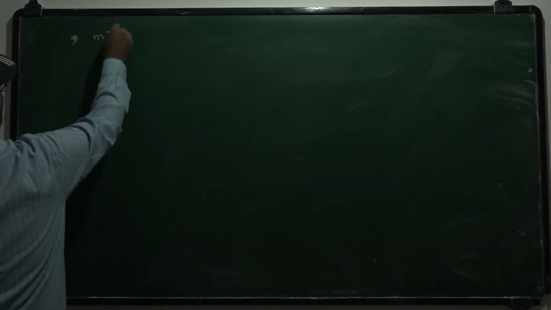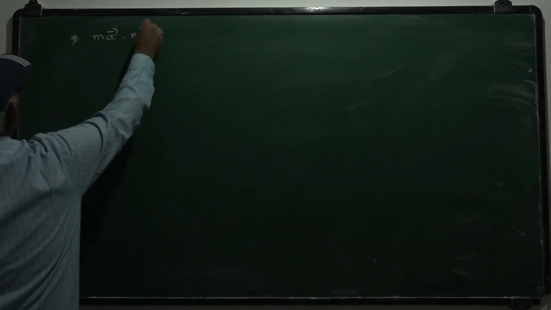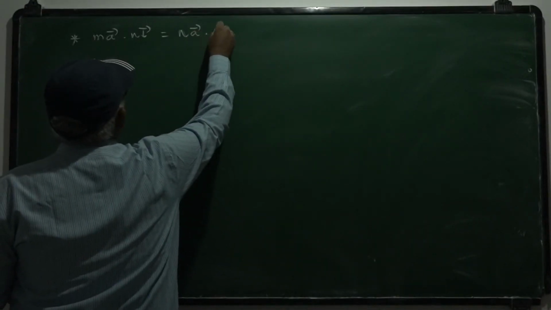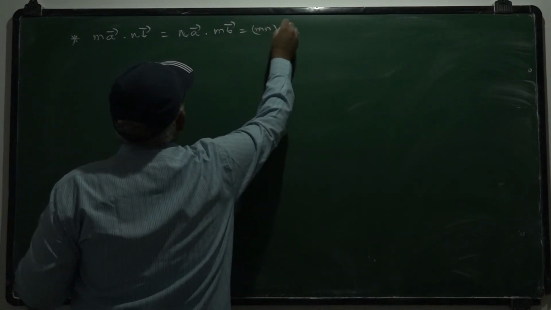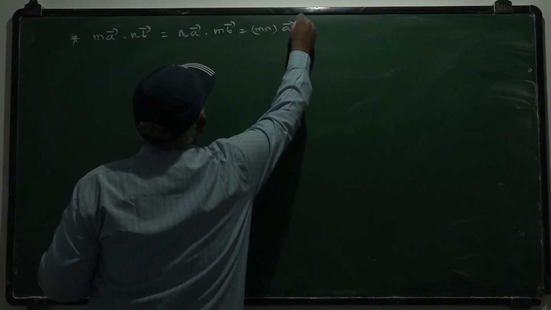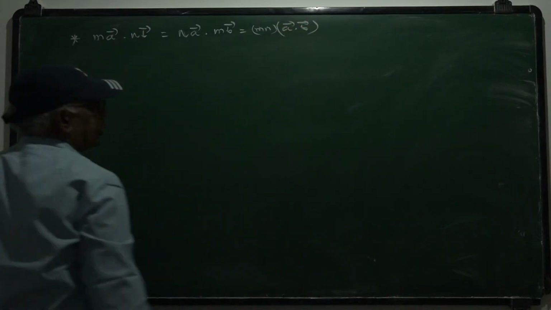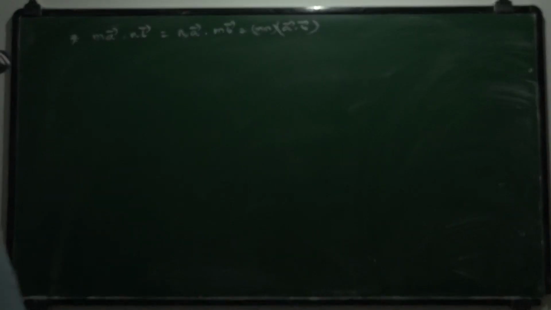Next point. Suppose M A bar dot N B bar, where M and N are scalars, may be written as N A bar dot M B bar, which is also written as M N into A bar dot B bar. This is one property of the dot product.